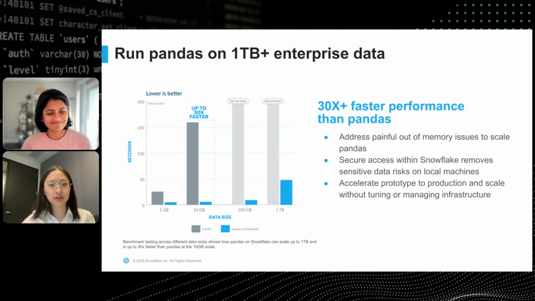It just crashes. The job doesn't even finish because you run into out of memory issues. And on the smaller scale, even in the 1 gigabyte or 10 gigabyte range, we're getting up to 30x faster performance compared to pandas. This is really the performance benefit that you can achieve by using pandas on Snowflake, with very minimal changes to your code needed to start using this today.